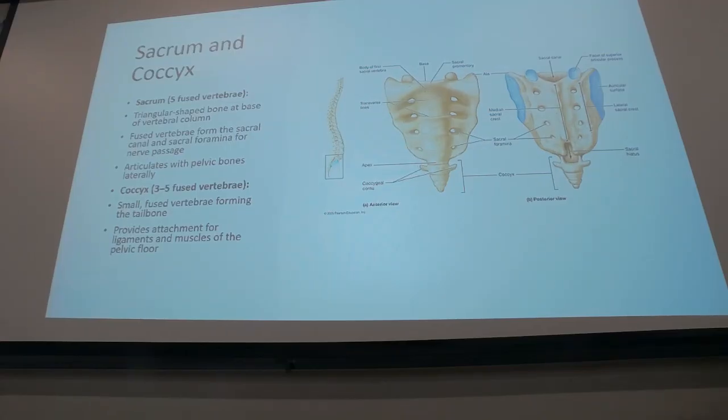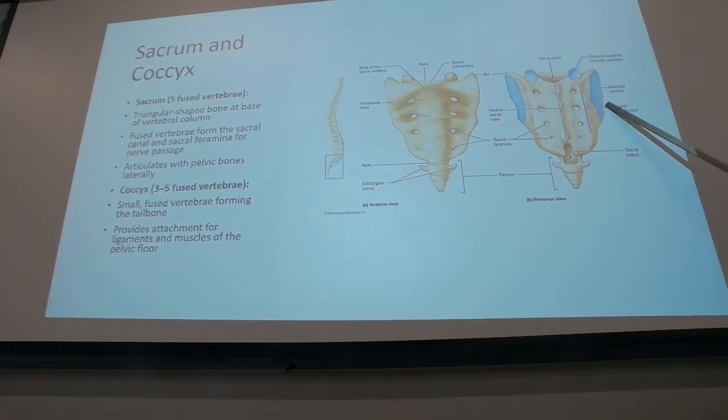Remember, a vertebra has lateral processes that are called transverse processes. It has a medial posterior process that is called the spinous process. It has two superior processes that are the superior articular processes, and two inferior processes that are the inferior articular processes. So this represents a fusion of the transverse processes.